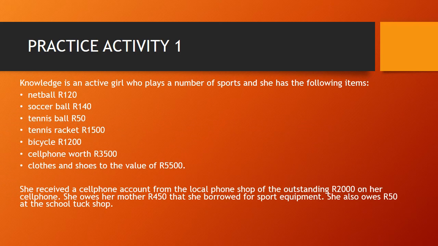She received a cell phone account from the local phone shop of outstanding amount of 2,000 Rand. She owes her mother 450 that she borrowed for sports equipment. She also owes 50 Rand at the school tuck shop.